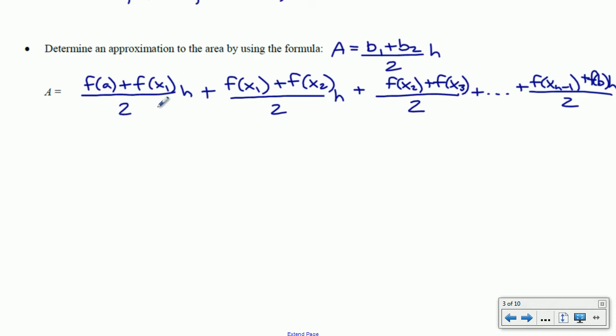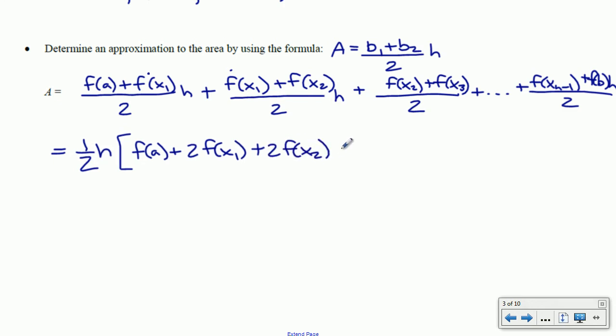So we can simplify this a little bit. We can factor out a h from all of these terms. We can factor out a 1/2 from all of those terms. So we can go 1/2 h. And then we have 1 f at a. We have 2 f at x1s. And we would have 2 f at x2s all the way along until we got to just a single f at b.